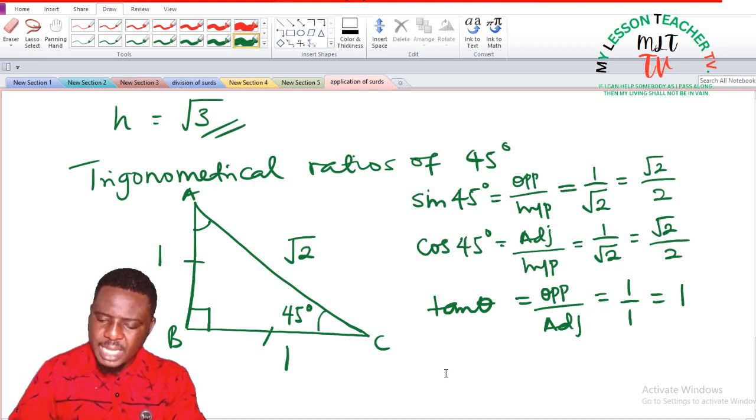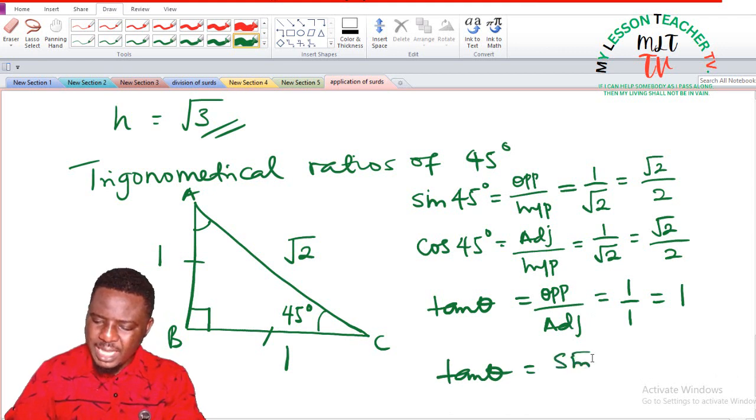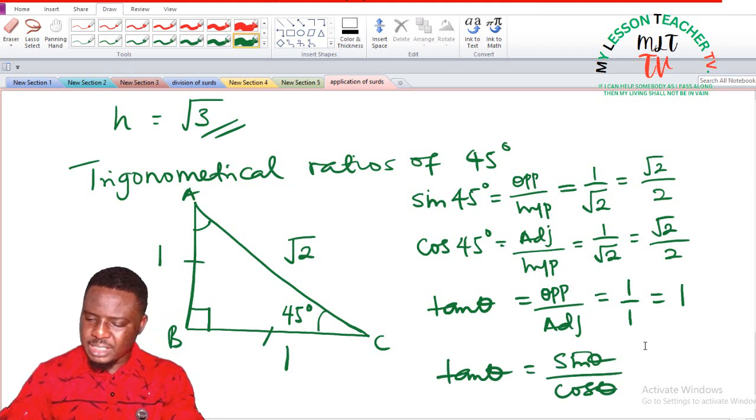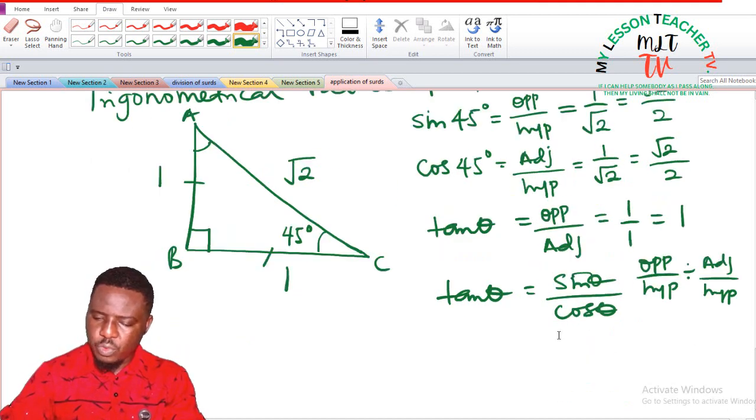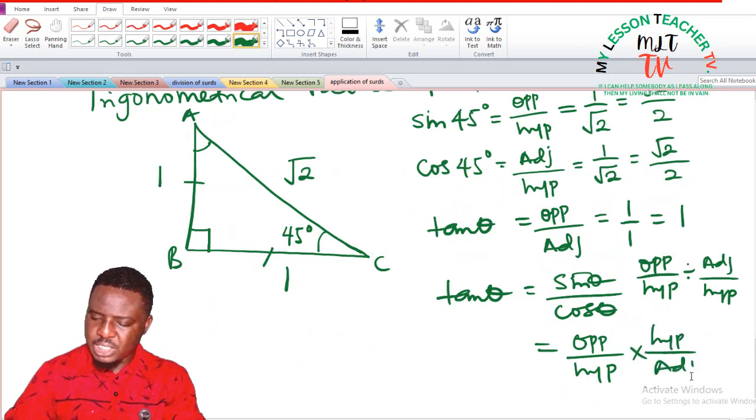opposite side to the adjacent side, can also be said to be equal to sine theta divided by cos theta. And if you look at it, sine theta is opposite over hypotenuse, which when divided by cos theta, which is adjacent over hypotenuse, will give you opposite divided by hypotenuse times hypotenuse divided by adjacent.